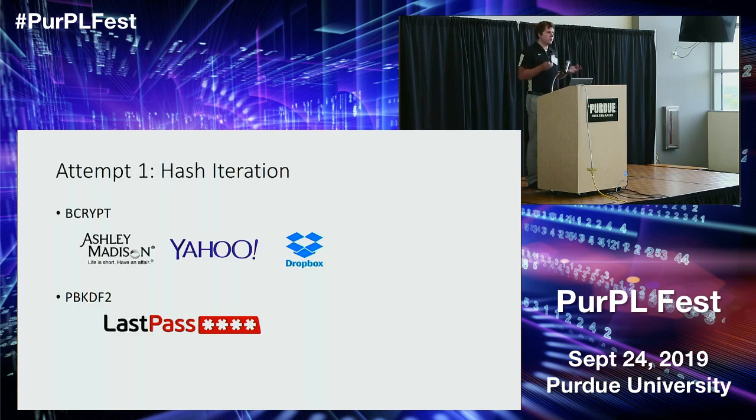One of the older approaches is simply called hash iteration. Instead of storing the hash, you store the hash of the hash of the hash of the hash. And if you iterate enough times, hopefully this function is more and more expensive to compute. For example, when LastPass was breached, they were using 100,000 SHA-256 hash computations, which seems like a lot of iterations.